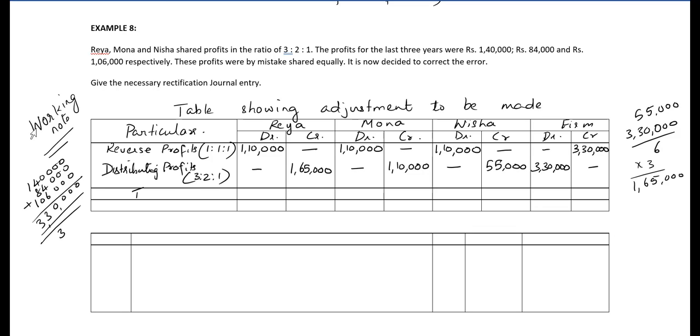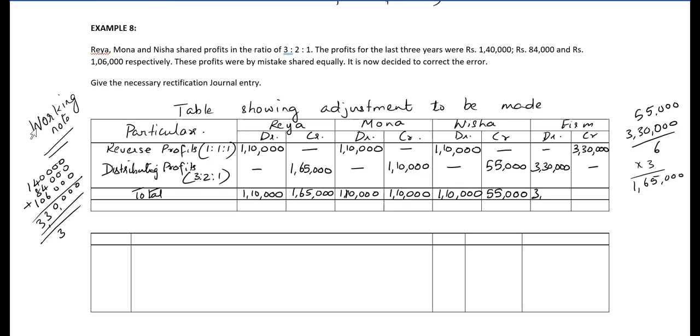Next step is to find the total of each of these columns. Rhea debit total 1,10,000. Rhea credit total 1,65,000. Mona debit total 1,10,000. Mona credit total 1,10,000. Nisha debit total 1,10,000. Nisha credit total 55,000.